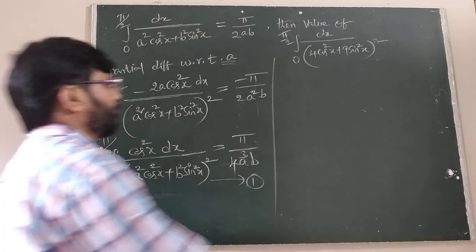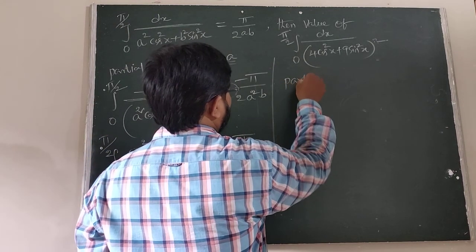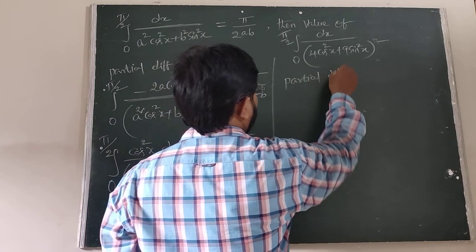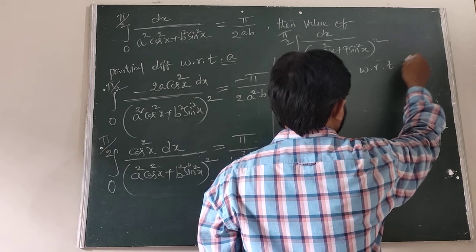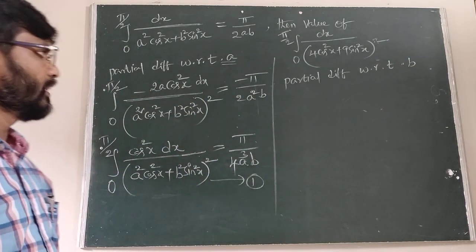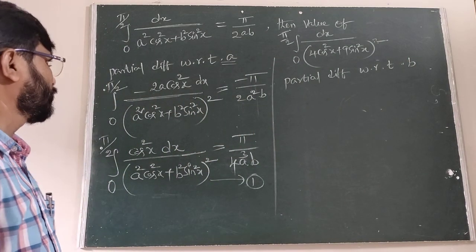After that, similarly we take the partial differentiation with respect to b. Is it clear? Now we take the partial differentiation with respect to b.